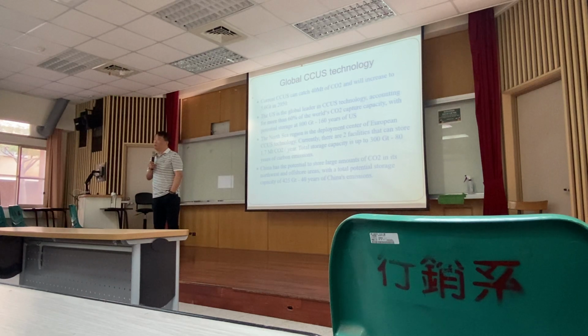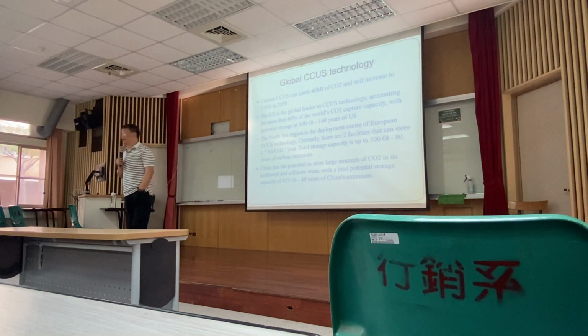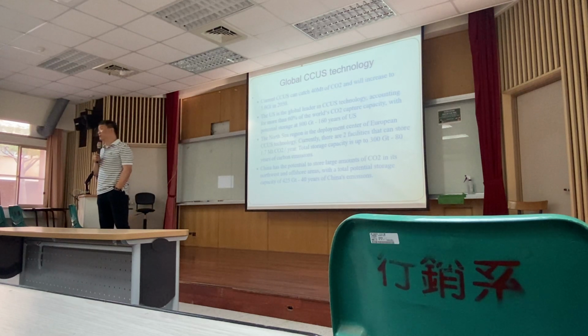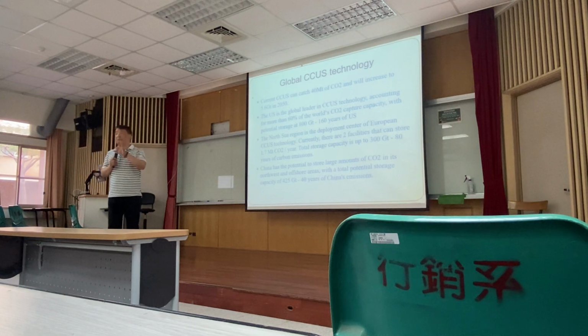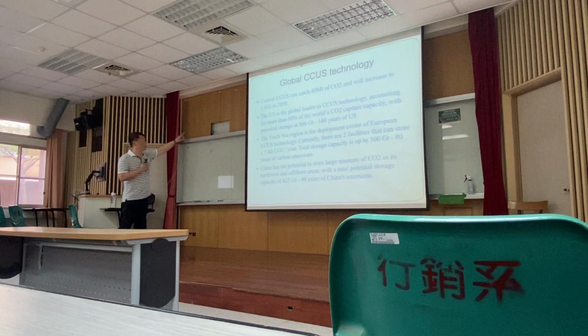This is the number I want you to memorize. What's the current carbon dioxide emission amount? 7.7 at this moment. And in the future, it is capable of catching 5.6. So it's almost 80% of carbon dioxide can be captured by technology.